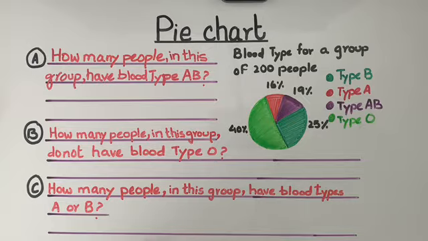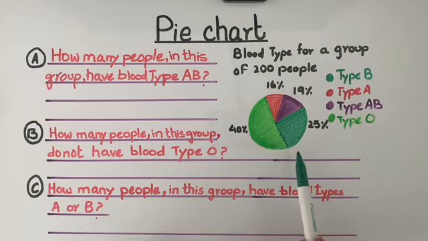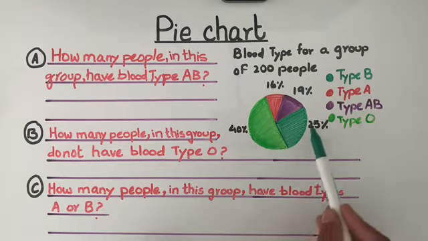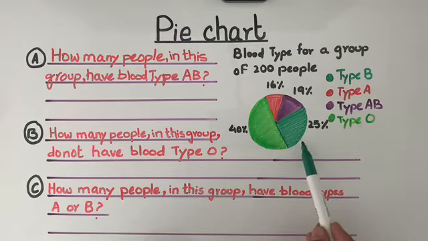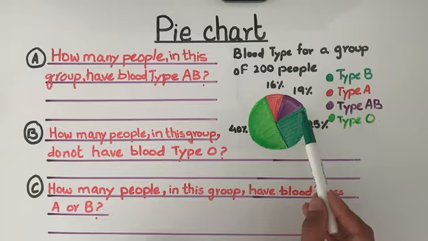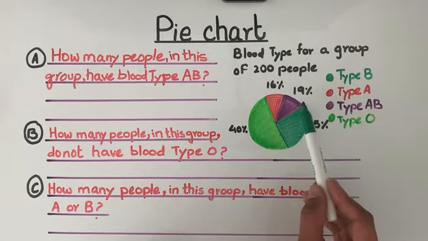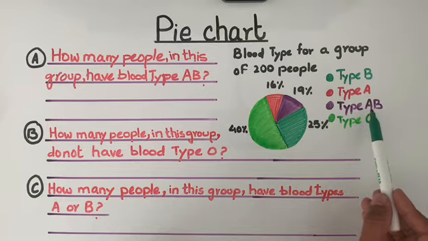Here is another pie chart. This pie chart shows the percentages of blood types for a group of 200 people. Let's read this pie chart first. Here, 25% people out of 200 people have blood type B. 19% people out of 200 people have blood type AB.